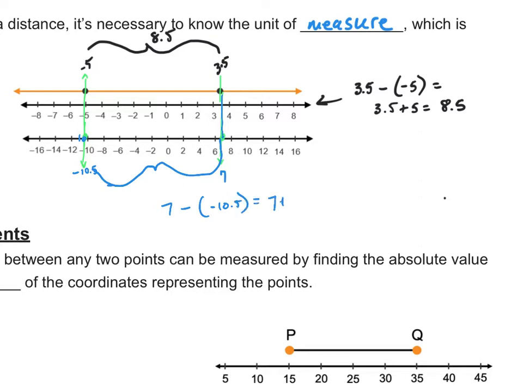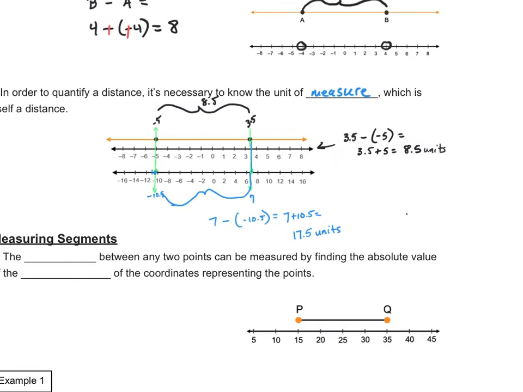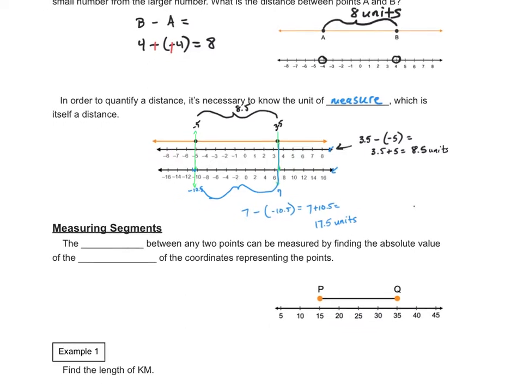That is going to be 7 plus 10.5, which is 17.5 units. And I did forget my units up here, often overlooked. It just depends on the measure of the line. This is going by different increments than this line. So we have to be cognizant of the measure when we're talking about distance.